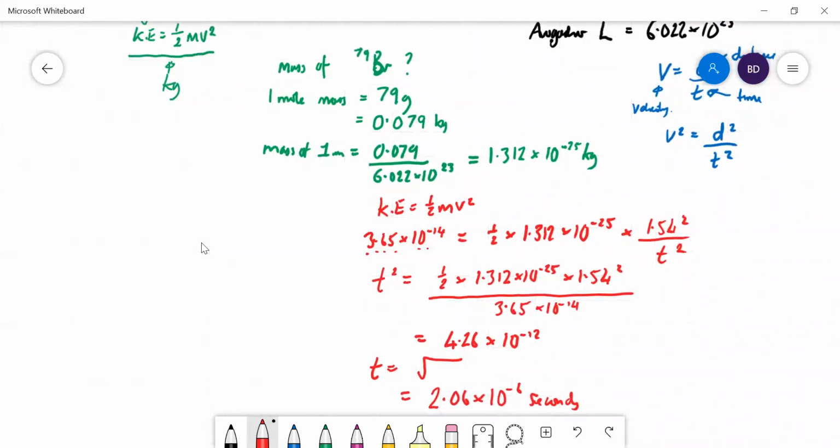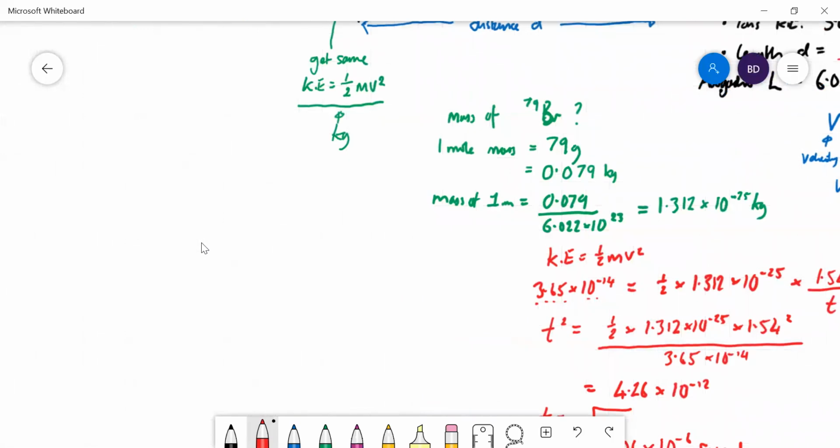I think you're less likely to make a mistake if you put the numbers in sooner, but if you want to put everything in and rearrange everything, then you could do it like this. Kinetic energy is equal to half mv squared, so kinetic energy is equal to a half mass times d squared over t squared.